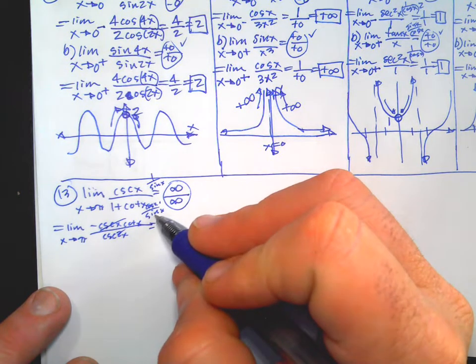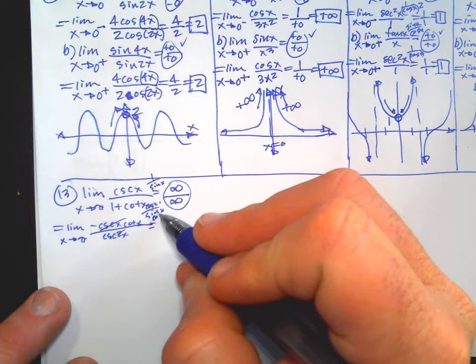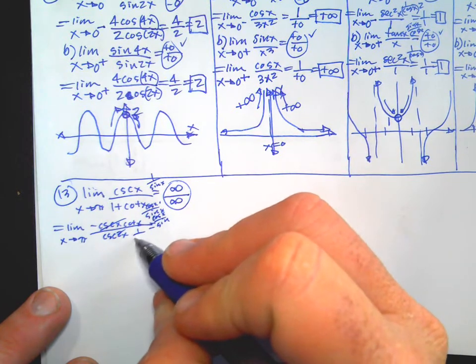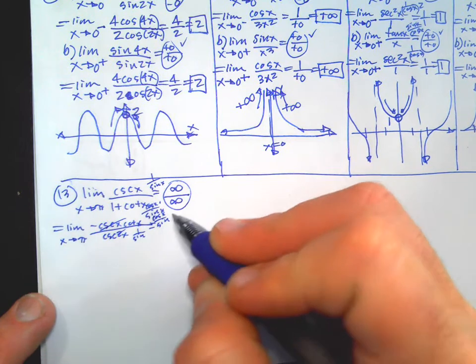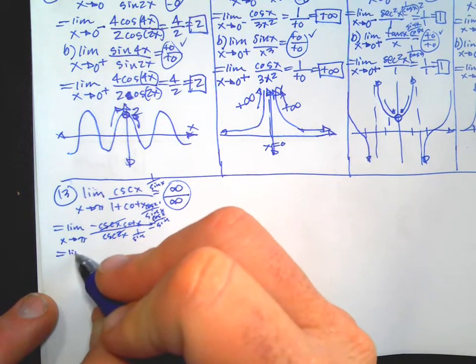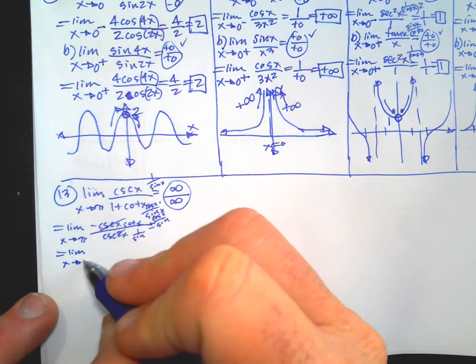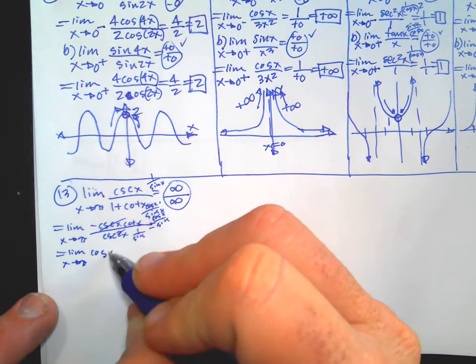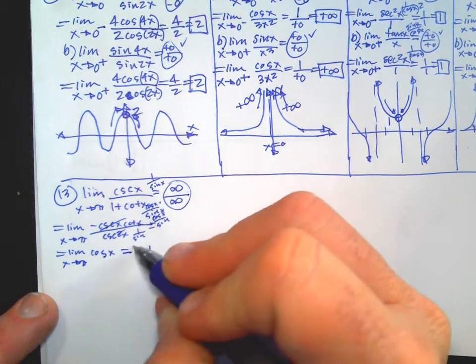Cotangent is cosine over sine, and cosecant is 1 over sine, so the sines cancel. So this should be the same thing as the limit as x goes to pi of cosine, and that would be -1.